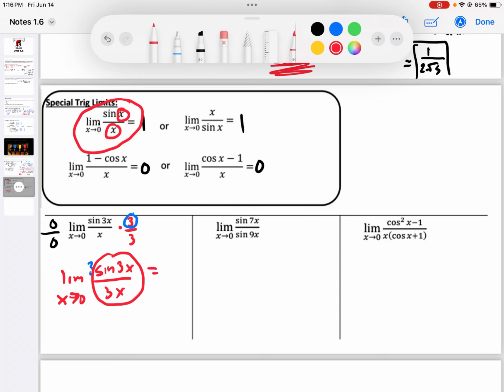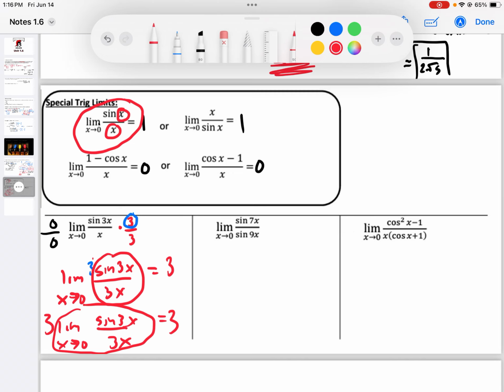The limit of the part I circled is 1, so the limit of something that's 1 times 3 would be 3. Another way I could write that would be the limit as x approaches 0, bring that blue 3 out in front, 3 times sine 3x over 3x. This limit is just 1, and then 1 times 3 gives you 3. That's some stuff we'll talk about later too.